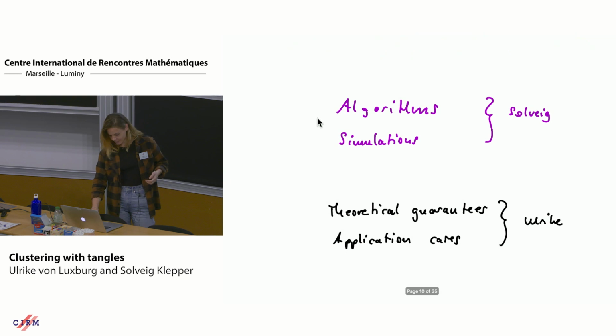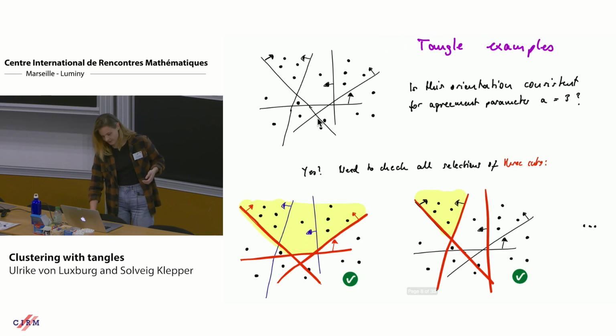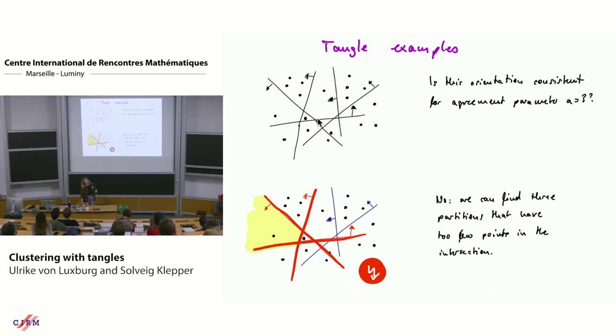I want to go back to this figure for a moment. If you look at the bottom figure right here, we see this is an inconsistent orientation, so it's not a tangle. And clearly, no matter how many cuts or orientations we add to that, this will never make the orientation consistent. So we cannot get a consistent orientation from a previously inconsistent one.